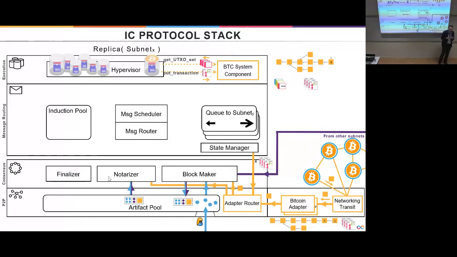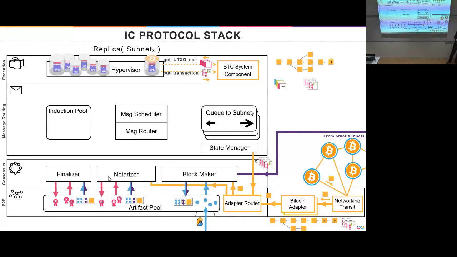We check the block based on the hash work and based on the timestamp, and we need to do so in a way that it's the same on all the replicas, and otherwise consensus wouldn't work. And this was the tricky part, but it's a rather easy idea. I can't go into details. And all the rest now is exactly the same at this layer. So we do all the notarization in the same way, and also the finalization in the same way. So it's just 2 small extensions we did, implementing those components.